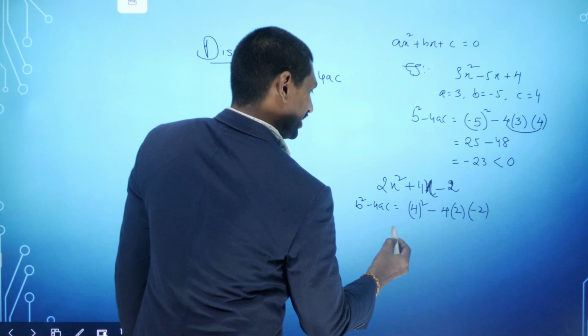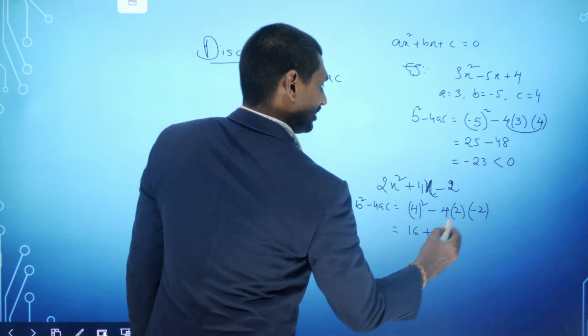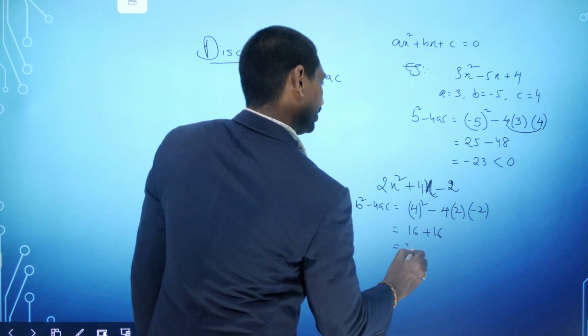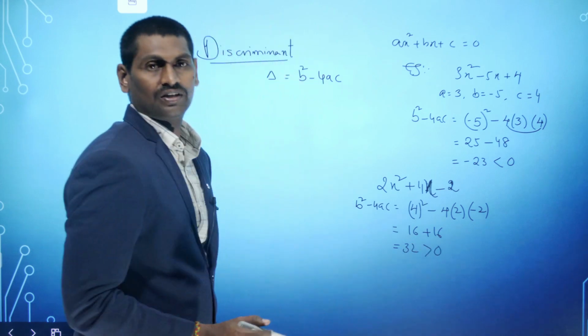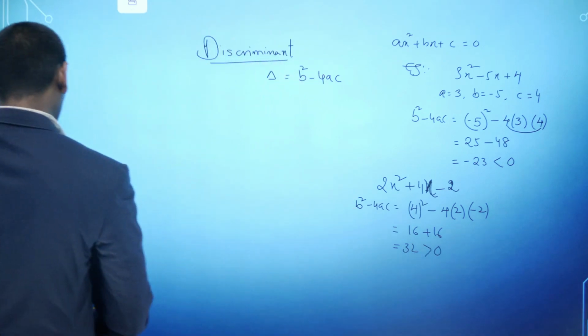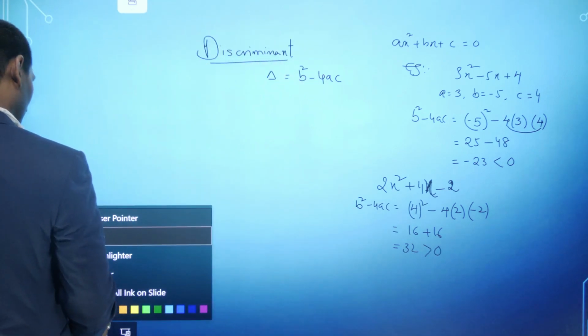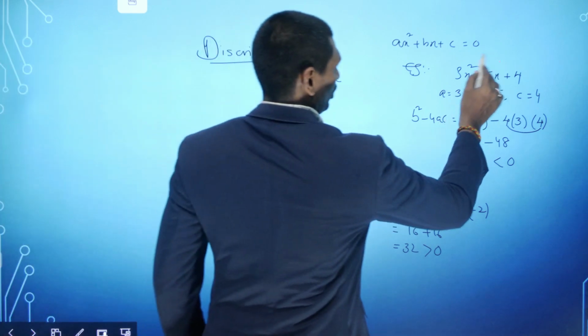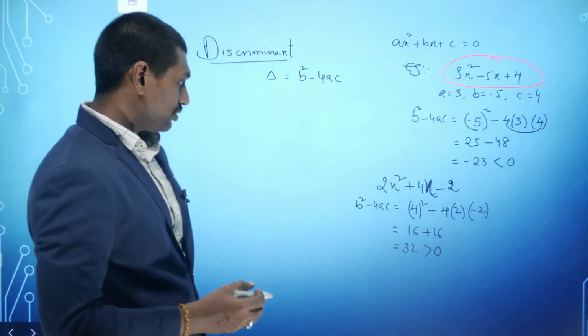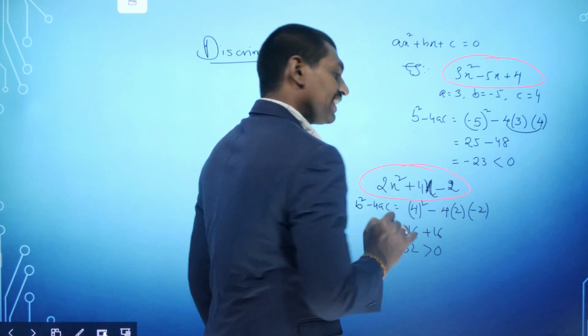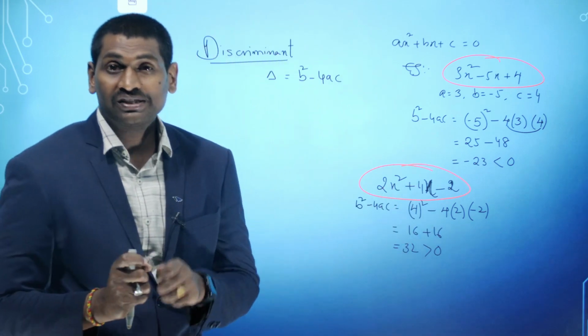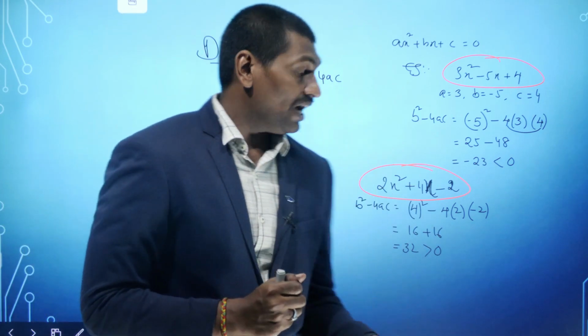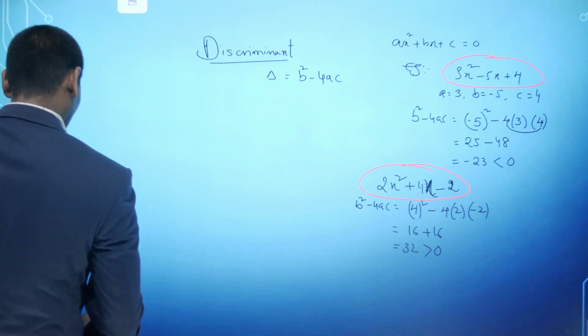Here minus and minus becomes plus. 16 plus 16 is 32, which is greater than 0. So in the first equation we got less than 0, in this equation greater than 0. Greater than 0 means two different roots, and less than 0 means no real roots.